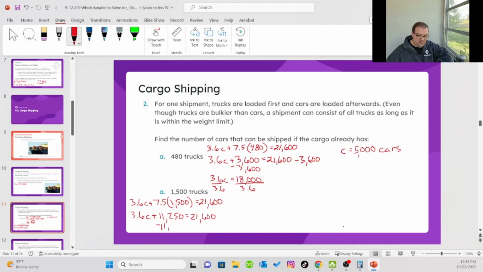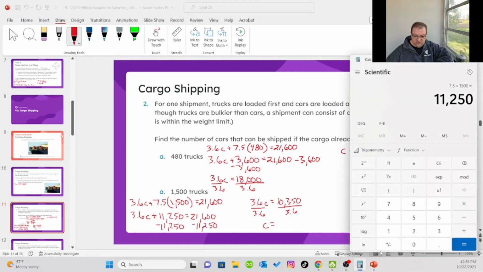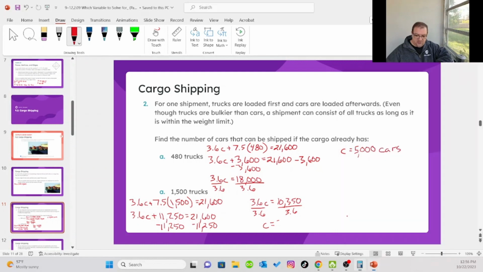I need to subtract 11,250 from each side. I get 3.6C equals 10,350. Now I divide by 3.6 on both sides, and C equals 3,125 cars.